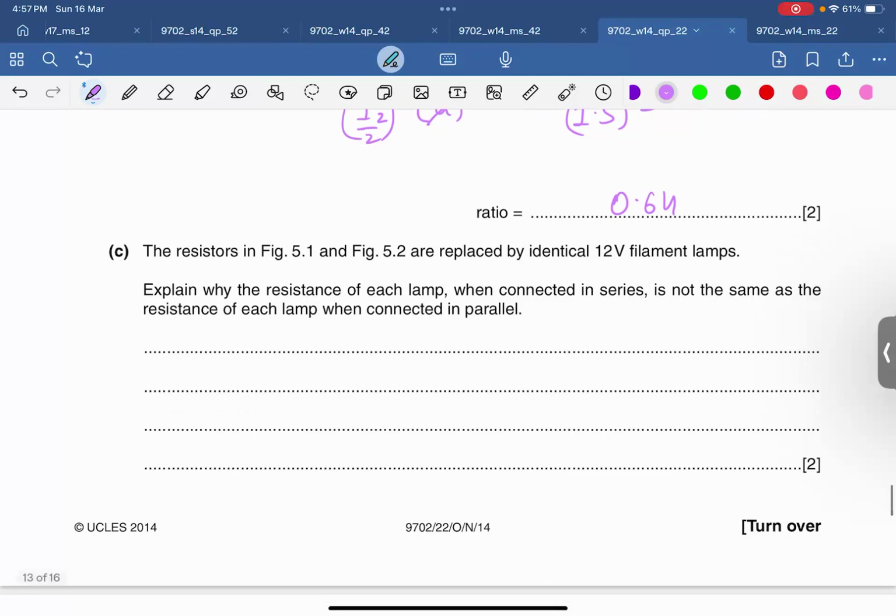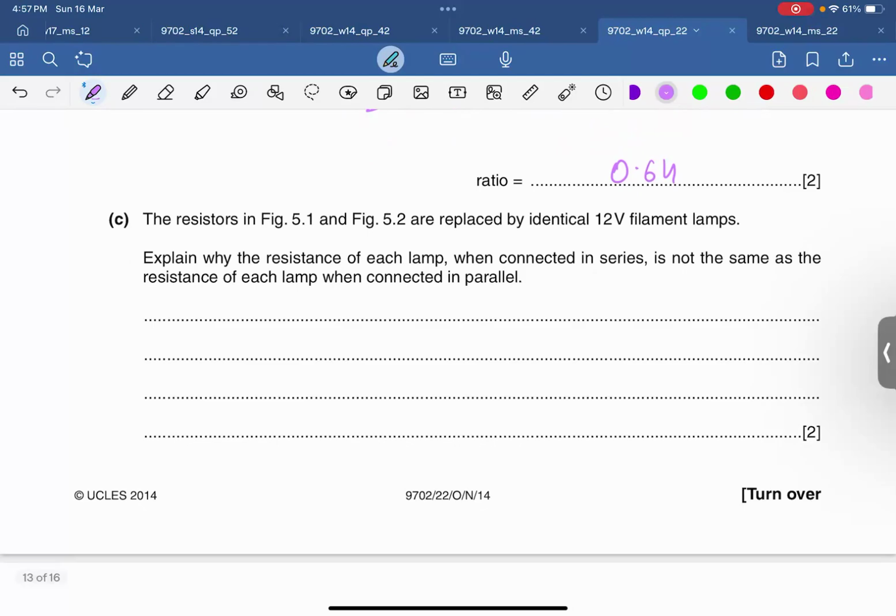So a filament lamp's resistance depends on the current basically. If you have the higher current, that causes more heating effect, and more heating effect means an increase in the resistance.